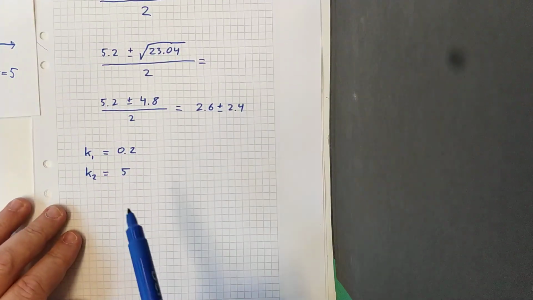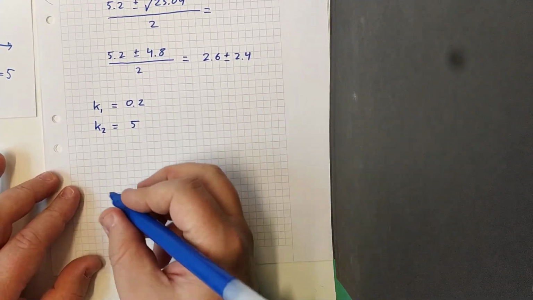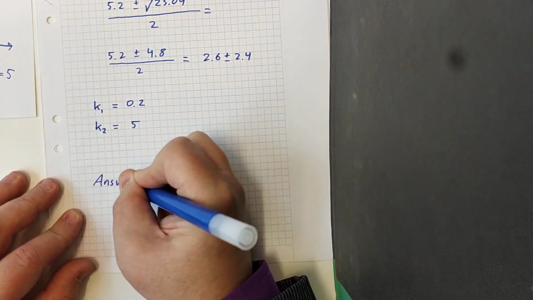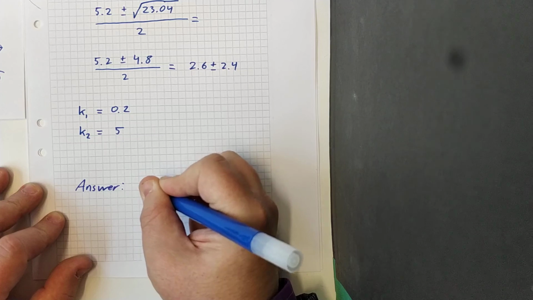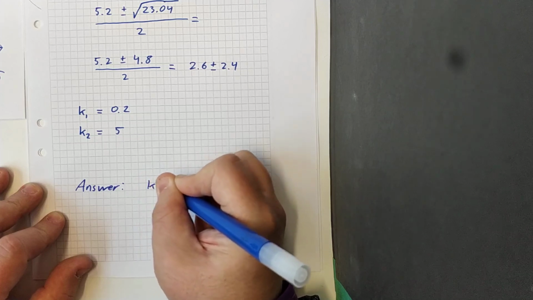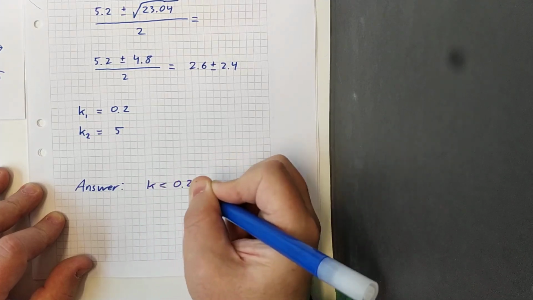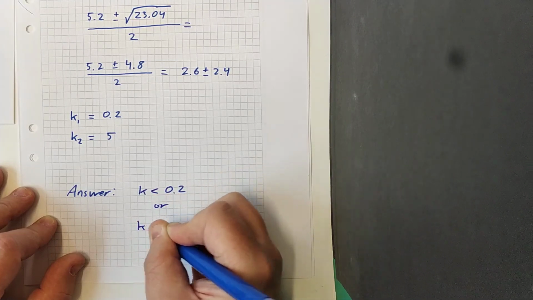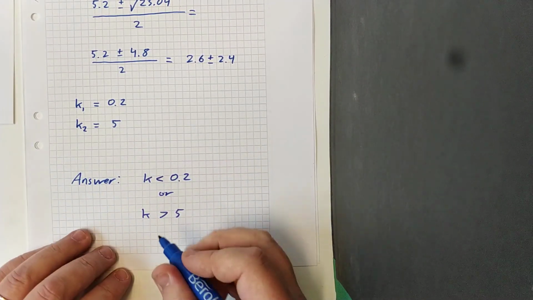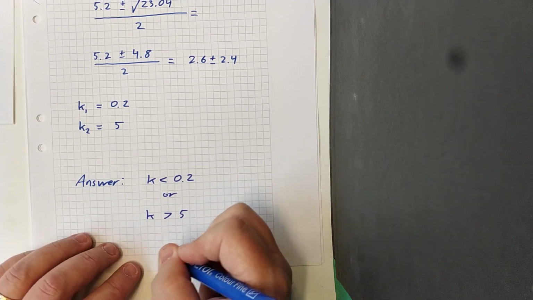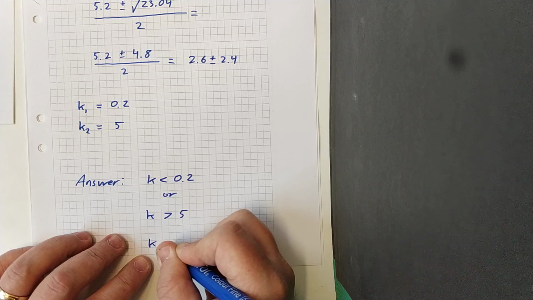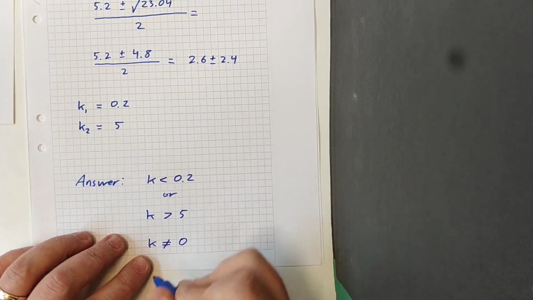It might also be worth pointing out, in our final answer we write k less than 0.2 or k greater than 5, but we should possibly, even if it's not mentioned in the mark scheme, point out that k should not equal 0.